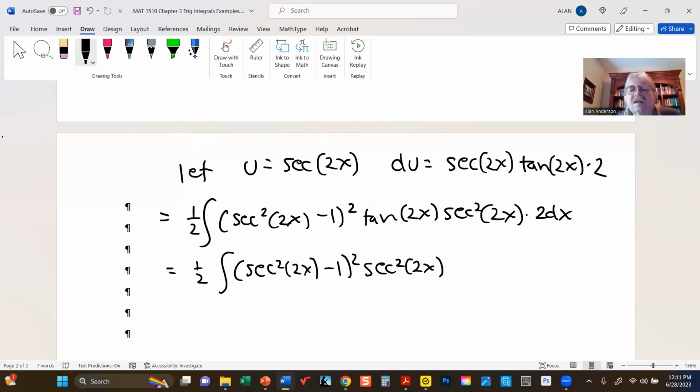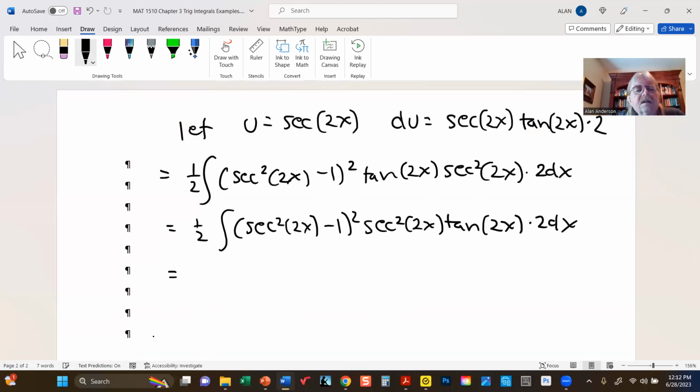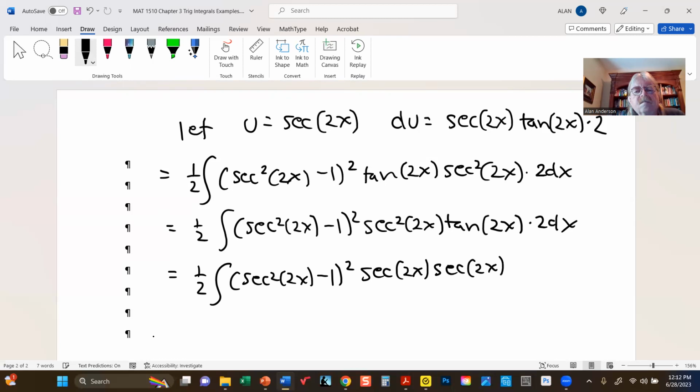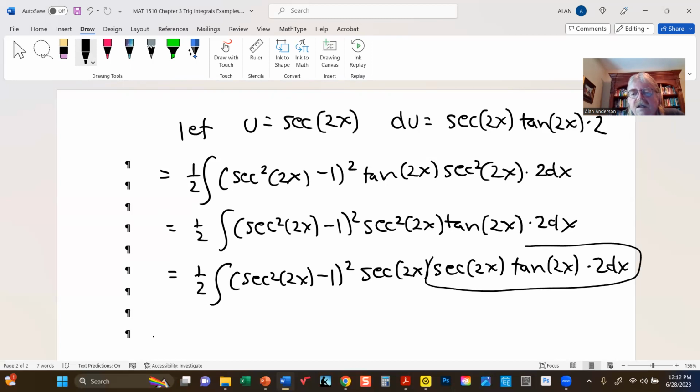Actually, all right, I'll do this in the next step. Right now, I'm just rearranging. What I'm thinking about doing here is rewriting secant squared of x as secant times secant. Here's why. Because now all of this is our du.